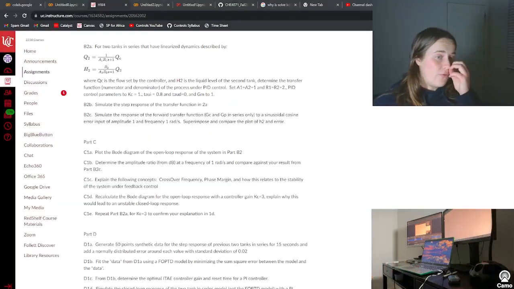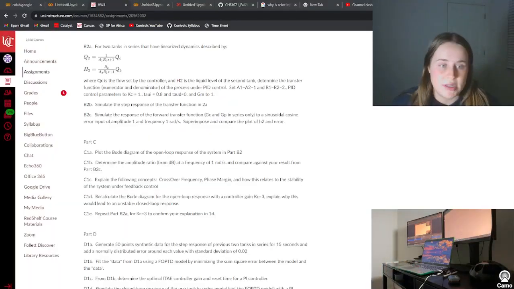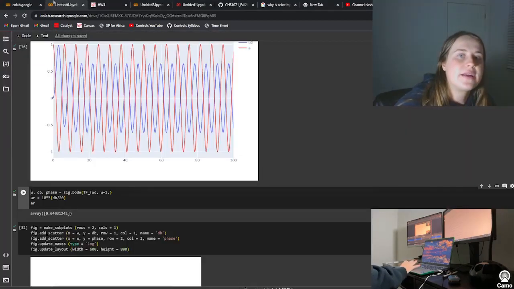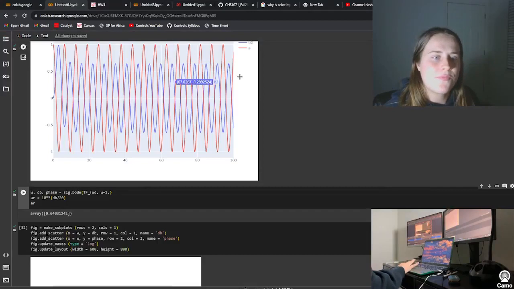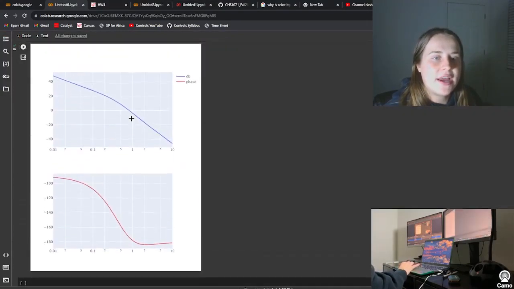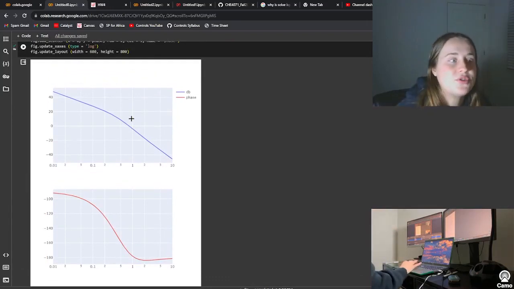Okay, so now for part D, to explain the concepts of crossover frequency, phase margin, and how this relates to the stability of the system under feedback control. So we go back to our Bode diagram. First of all, crossover frequency is basically just where this phase portion of the diagram crosses this 180 mark, where it's 180 degrees.